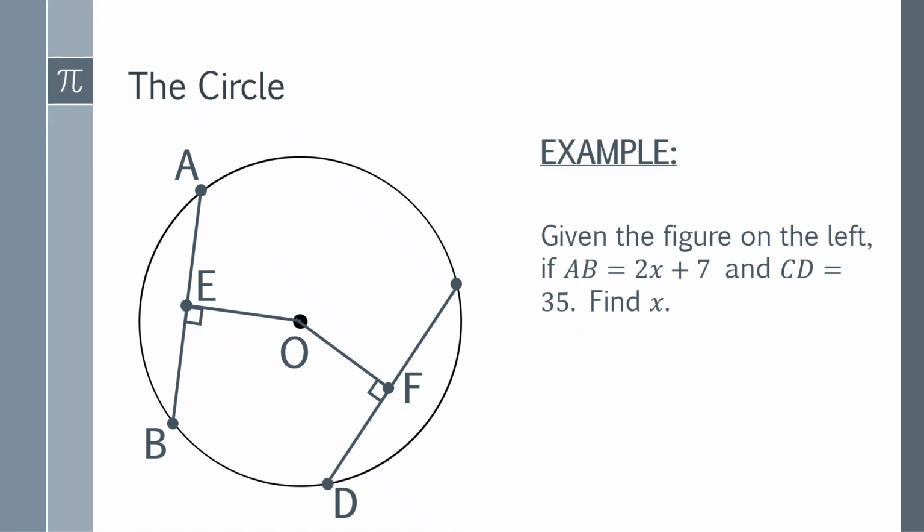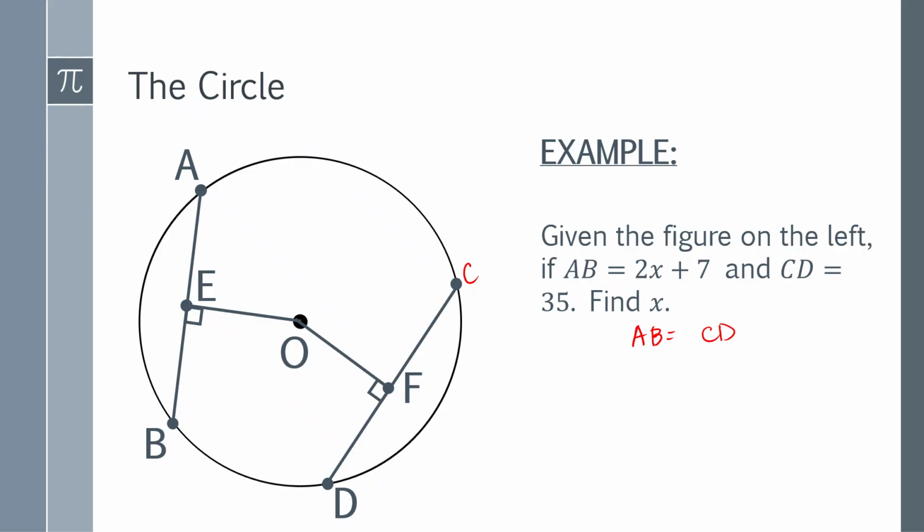Let's have the final example. Given the figure on the left, if AB is 2x plus 7 and CD is 35, find the value of x. According again to theorem number 4, if these two chords have equal distance from the center of the circle, then these two chords are congruent to each other. So we can have the equation AB is equal to CD.